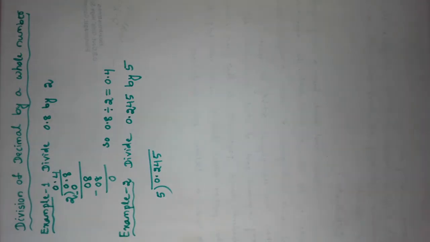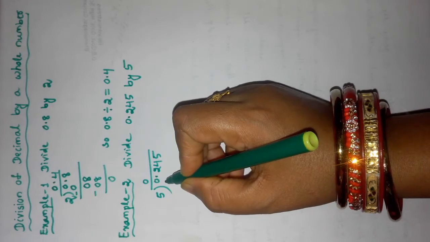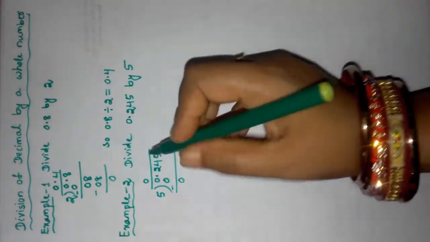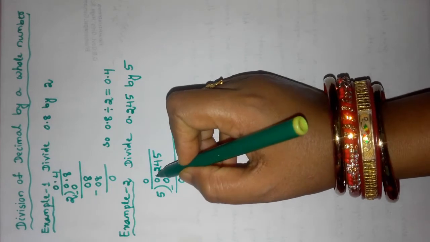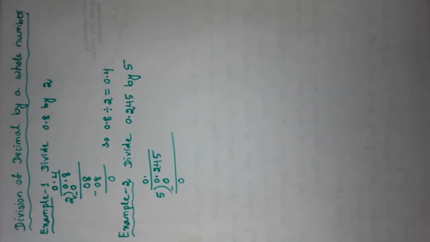First divide the integral part. 5 zeros are 0. Then here is the decimal point in the dividend. Put the decimal point in the quotient.